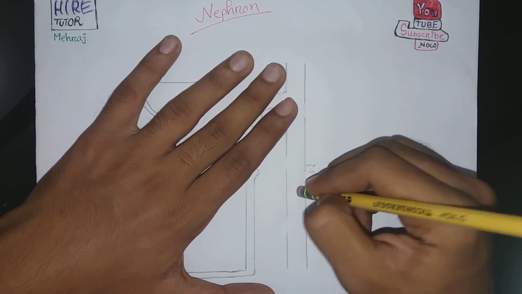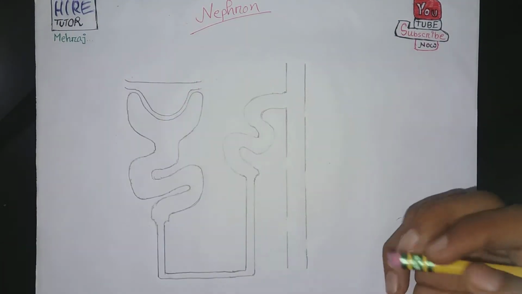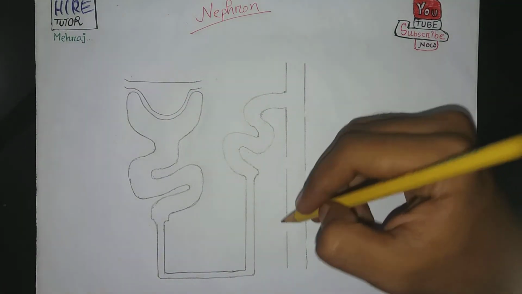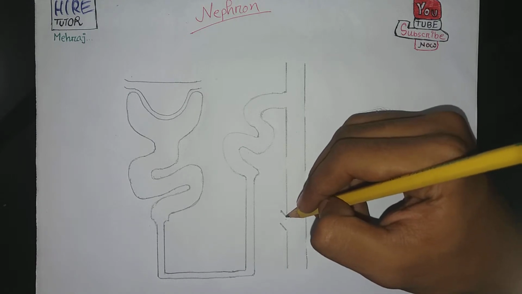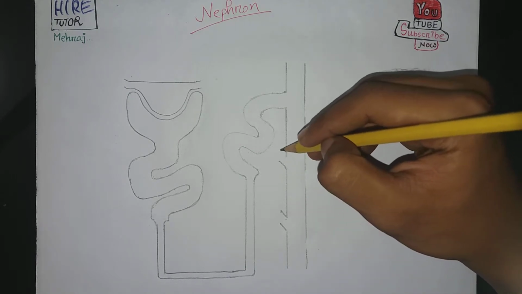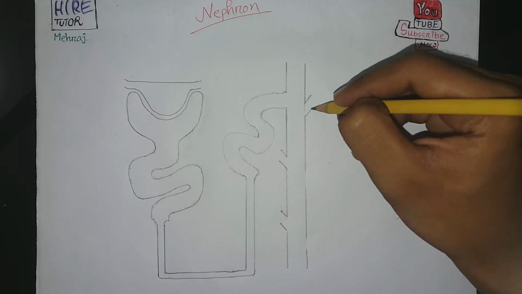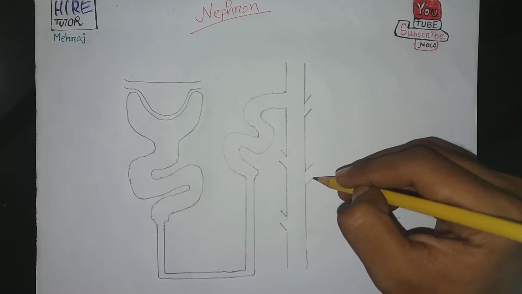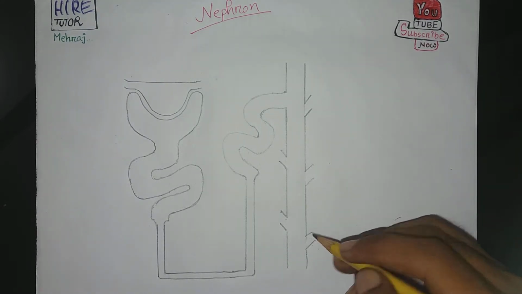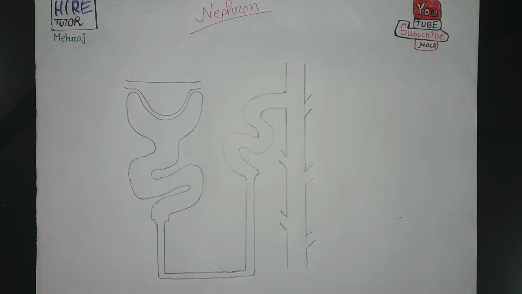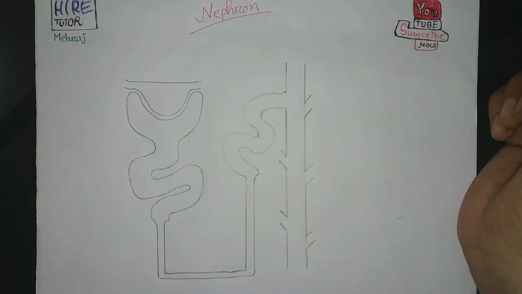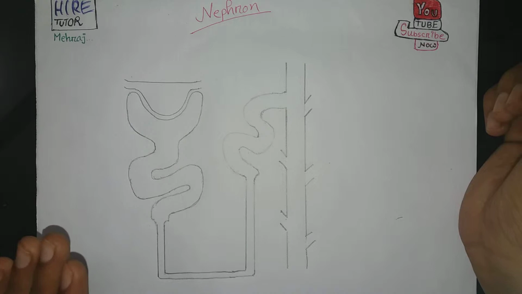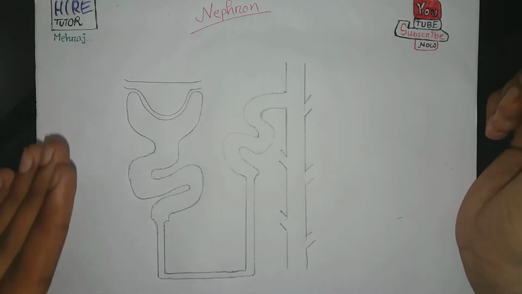I'm just erasing five or six parts. Okay, now just add this like this. This is the collecting duct of our nephron. All the urine comes here and goes to the ureter. All this is the basic structure of the anatomy of our nephron.